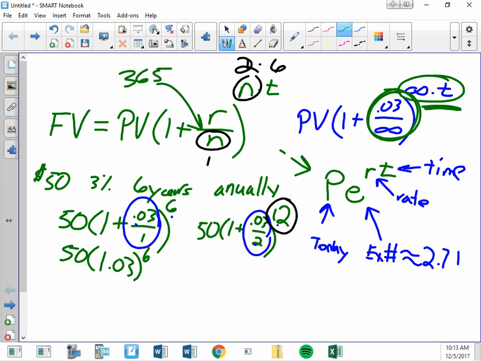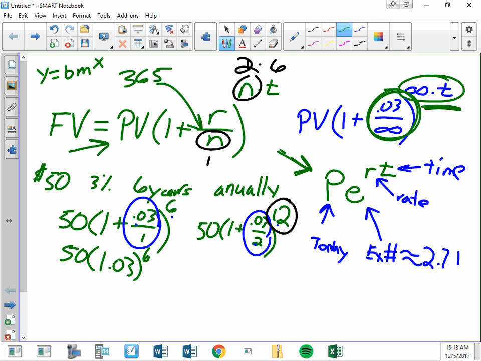So we actually have three equations. We have y equals b times m to the x, and that is one compound per year. And then we have this formula, which handles any number of compounds per year. And then we have this formula, which is an infinite number of compounds per year. And we call that the continuous formula. PERT. Yep, we call it PERT.